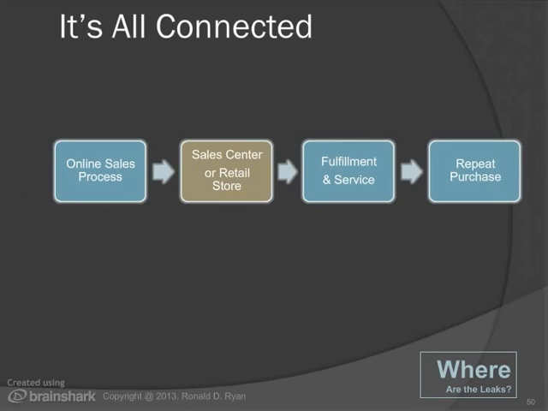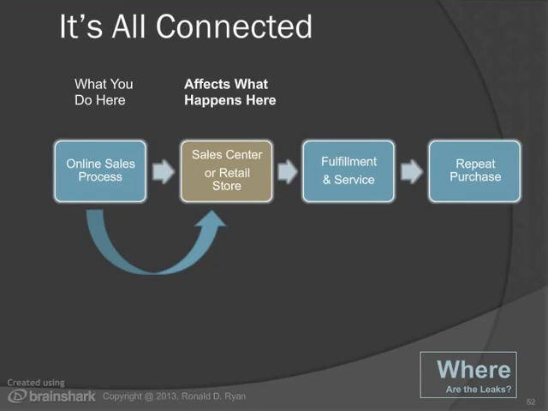It's important to recognize that all these touch points are interrelated and connected. For example, what you do in your online sales process affects both your sales center and your retail stores.